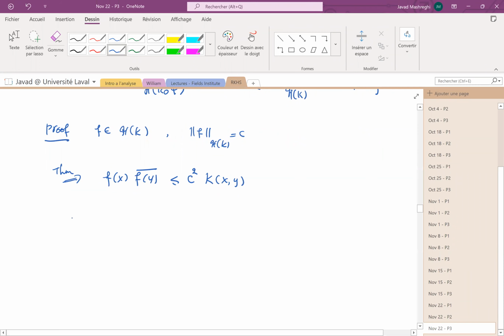And now we can do the composition with phi as we saw before.